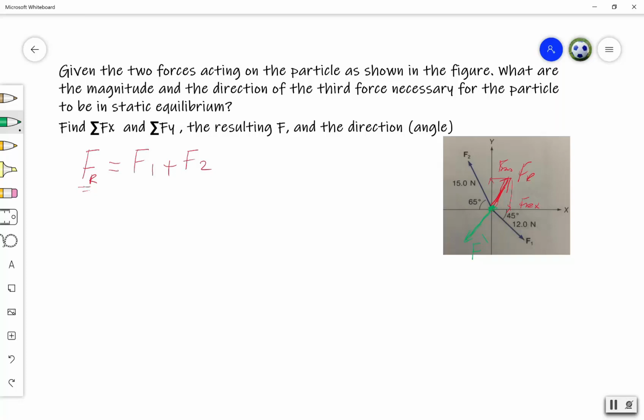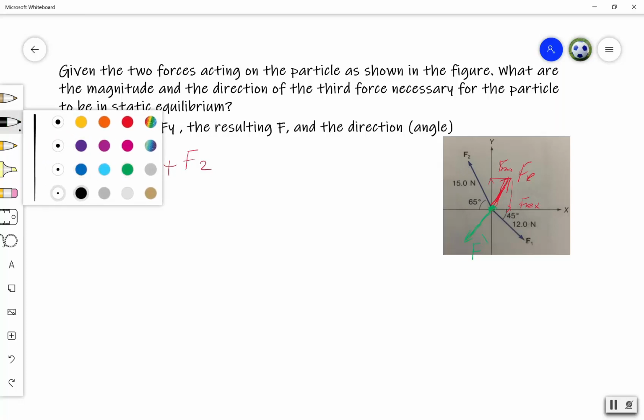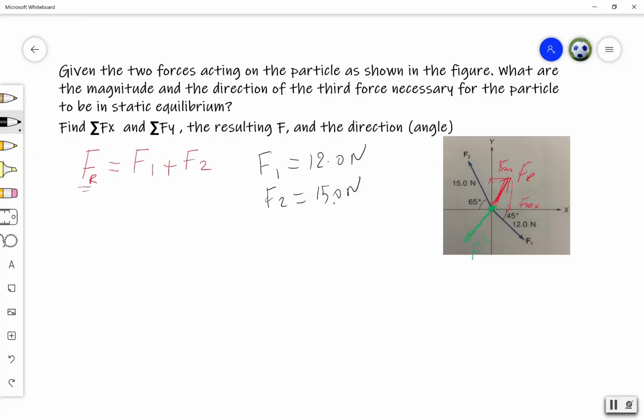In order to find Fr, we have to first find the components of F1 and F2. There are multiple steps to this, so just keep focused here. Again, we have to find the resultant of these two, so basically we have to find the sum of the forces in the x direction.